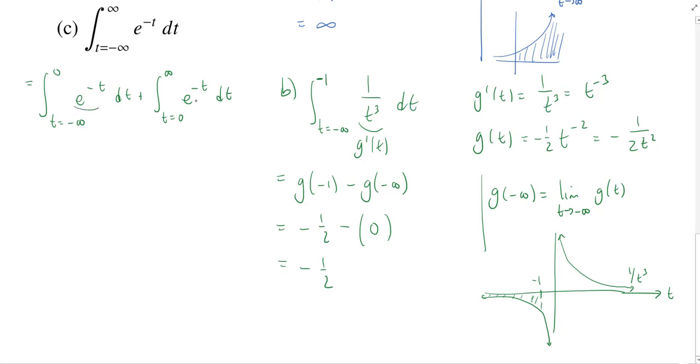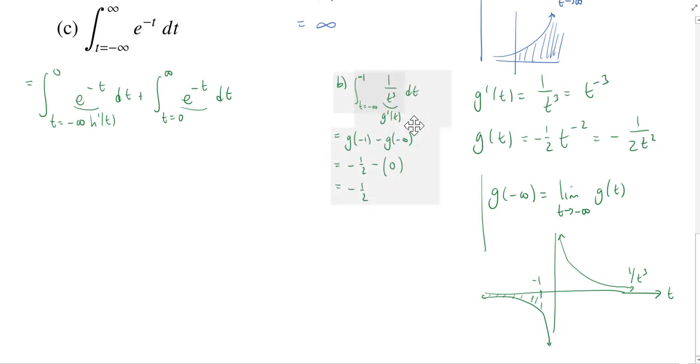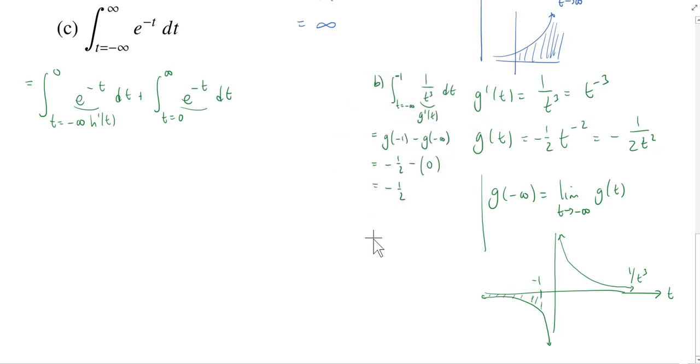All right, now in both of these, the integrand is the same, so I'll only have to do that work once. So let's see here. We can make this a little bit smaller. Get that out of the way. Very good. Okay, so here we go. Our h prime of t is e to the -t, and h of t, well, we need an antiderivative for e to the -t.